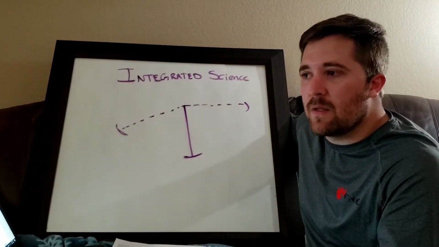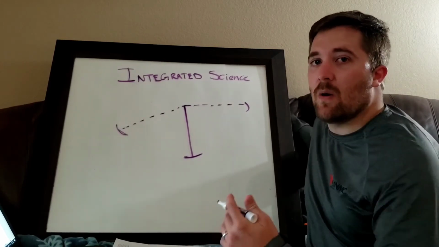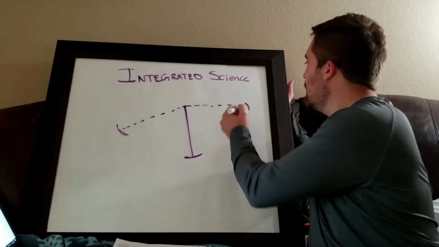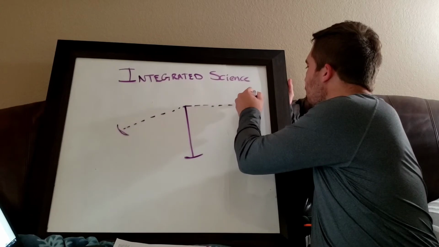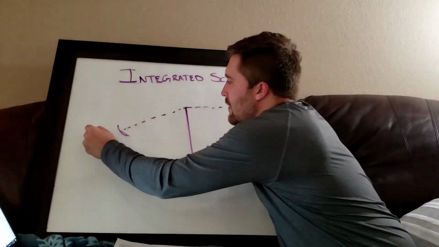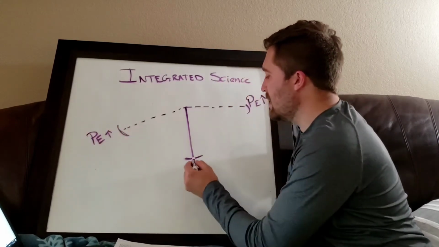Well, let's think of the formula. The formula deals with height, right? Deals with position. So when the height is greatest, that's when their potential energy is greatest. So potential energy would be greatest here. It'd be the second greatest over here. And then it'd be the lowest here.